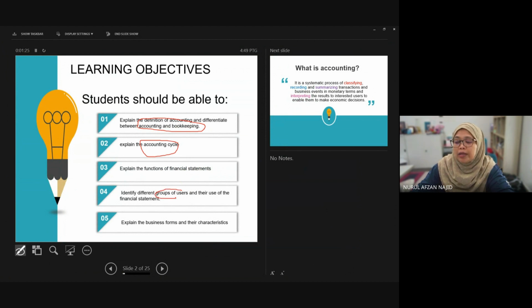What is the main objective of the users, and what is the use of the financial statement for each group of users? And last, I will explain about the business forms and their characteristics. For each type of organization, there are types of business that have been formed, especially in the situation of Malaysia.